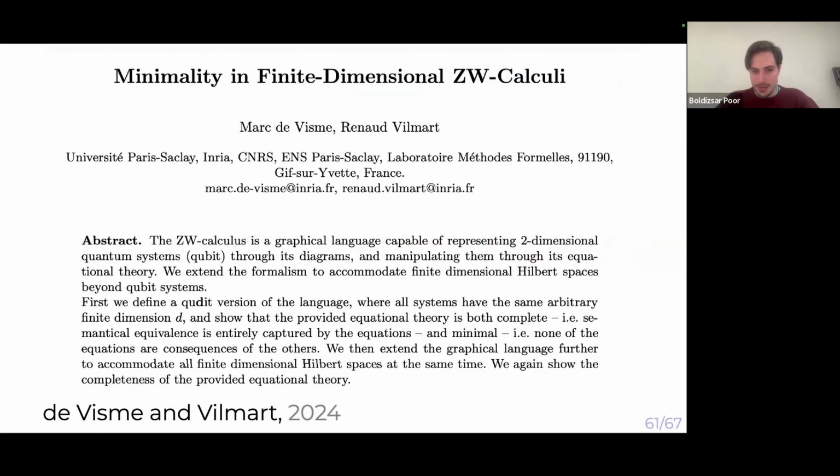So lastly, what I'm going to mention is since our paper came out, there has been a new paper from Mark and Renaud, Minimality in Finite-dimensional ZW calculi. So they prove a very, very similar result for the ZW calculus. They have a mixed dimensional W node and the Z spider.